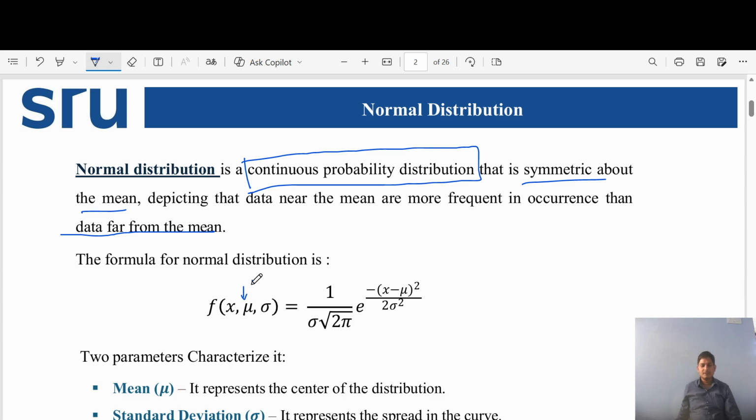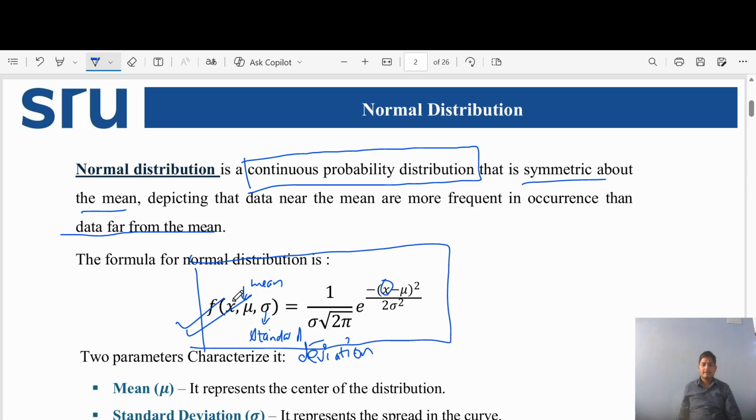is nothing but the mean. Sigma means standard deviation. This is x. So you can use this formula for evaluating the x values.